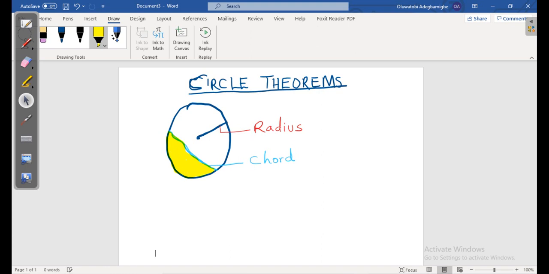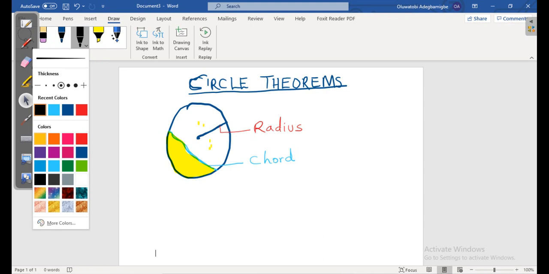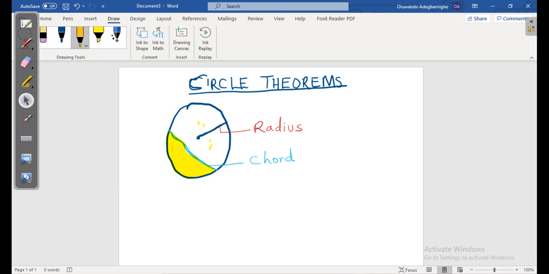So also is this. So they are referred to as segments, and we have two kinds of segments. We have what we call the minor segment, while the other one we'll call the major segment.